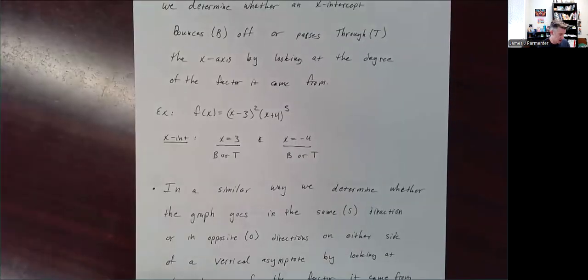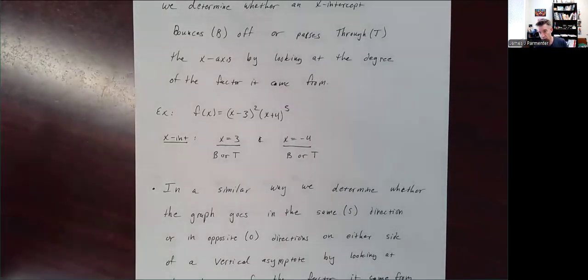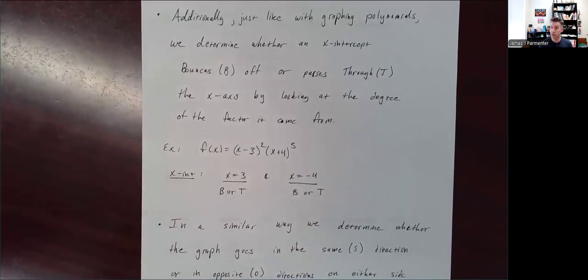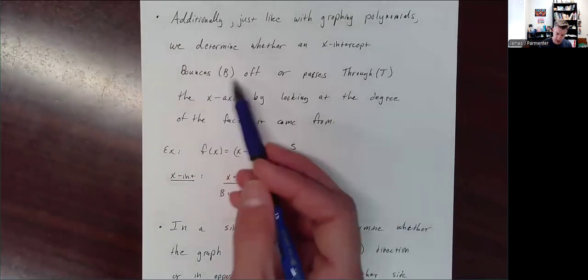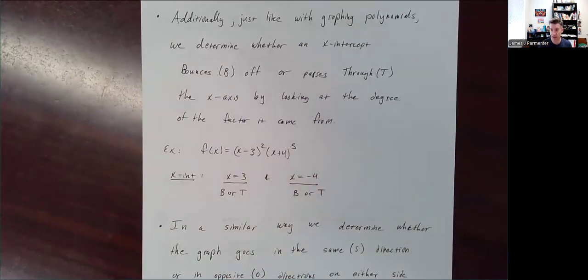A few more things to say, though, and then we'll get there, I promise. Additionally, just like when we were graphing polynomials, we're going to determine whether an x-intercept bounces off or passes through the x-axis by looking at the degree or multiplicity of the factor it came from.